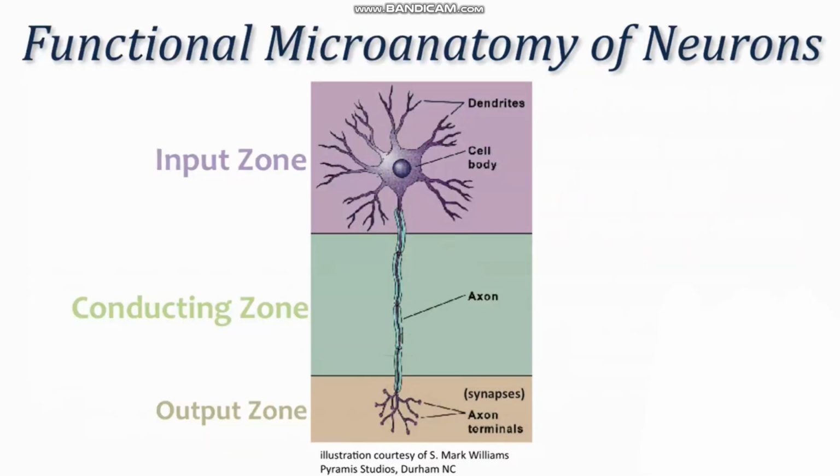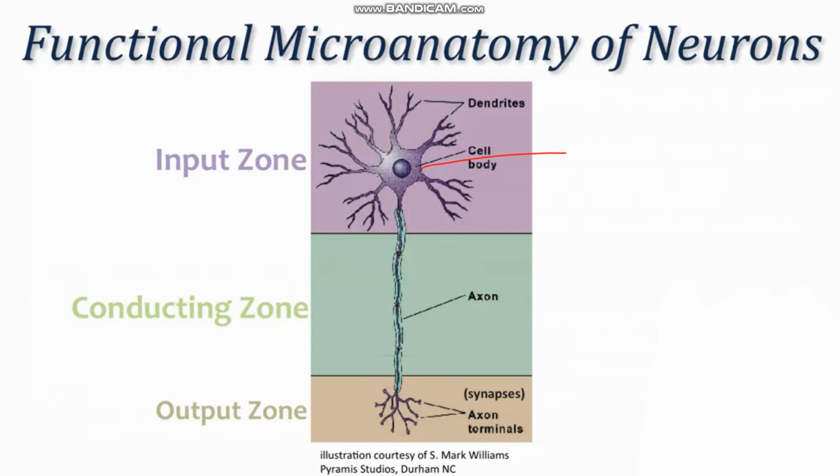So let's take a survey of the neuron, starting from the cell body. As in all cells, a neuron has a cell body. You can clearly see the cell body here, and the nucleus is clearly visible. As all cells have cell organelles, a neuron also has them, but a neuron is very rich in certain organelles.